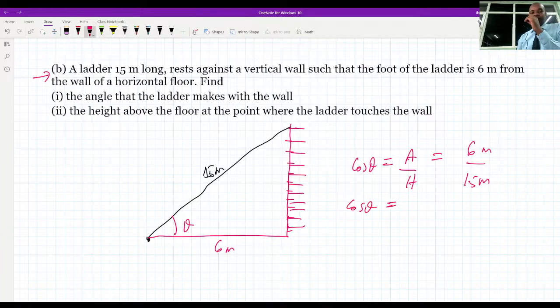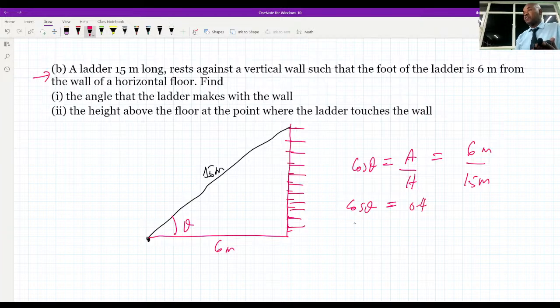When you divide, you'll be getting 6 divided by 15, which is 0.4.